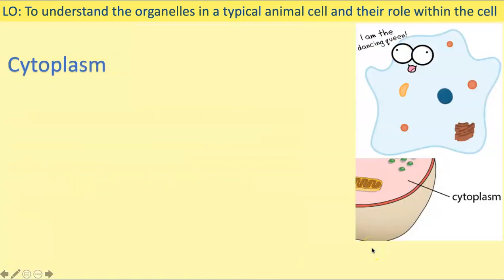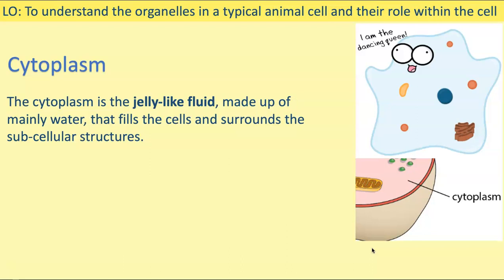Now, the next component we're going to look at is the cytoplasm. So the cytoplasm is a jelly-like fluid and it's made up of mainly water. It fills the cell and surrounds the subcellular structure. So if we go back to the diagram we could see in the first slide, we can see here it fills the cell and surrounds the other organelles.